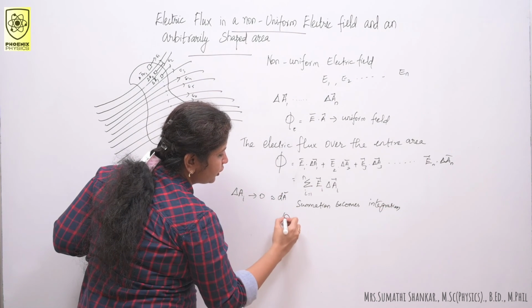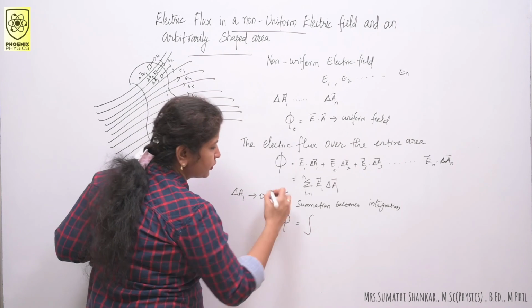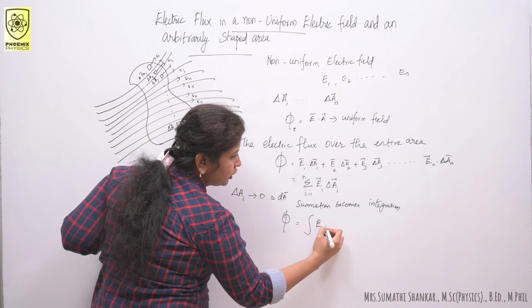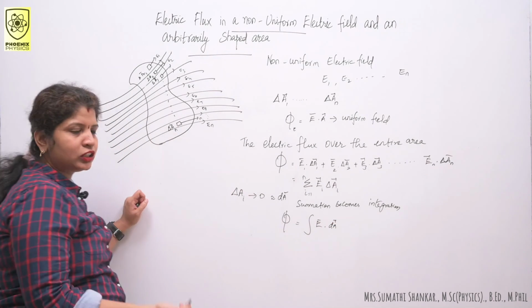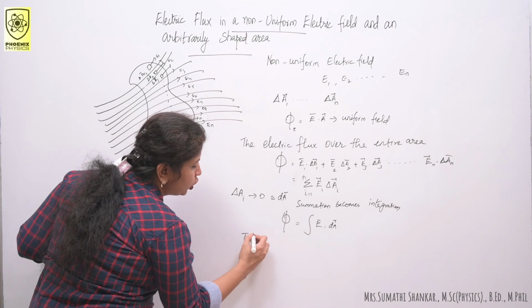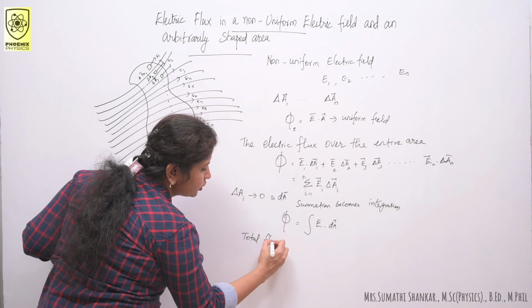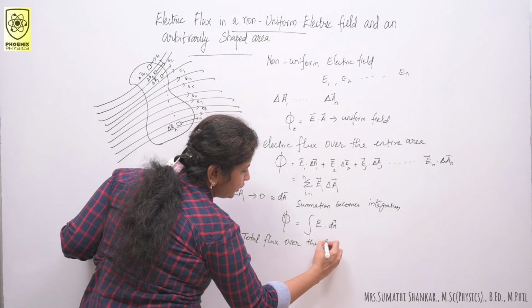So how do you write phi? Phi is equal to integral E vector dot dA vector. That's all. So what is this phi? Phi is nothing but the total flux over the entire area.